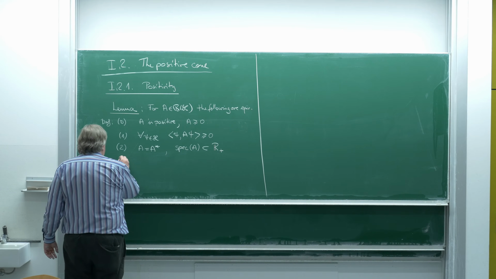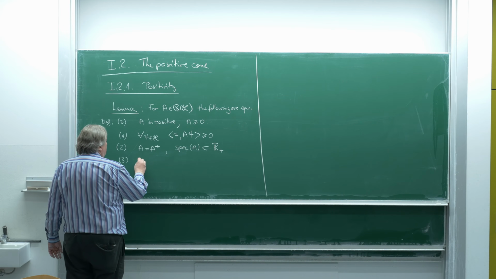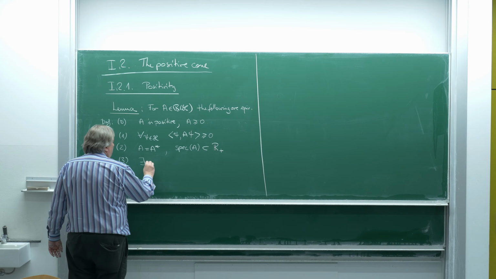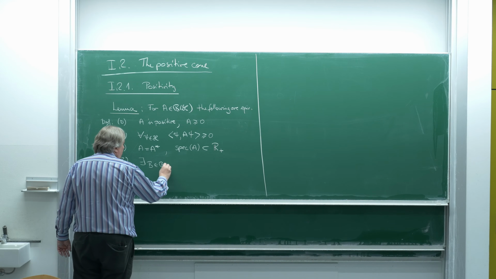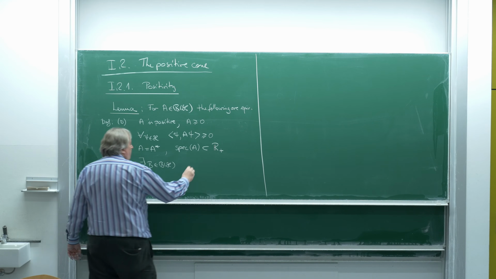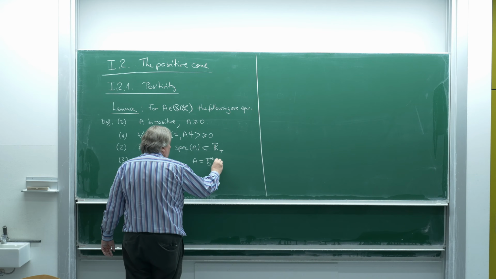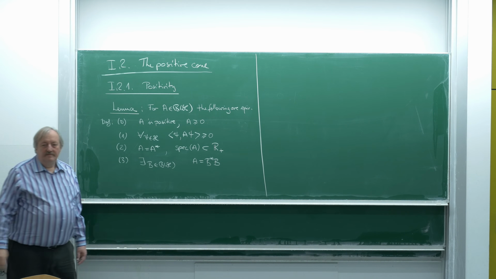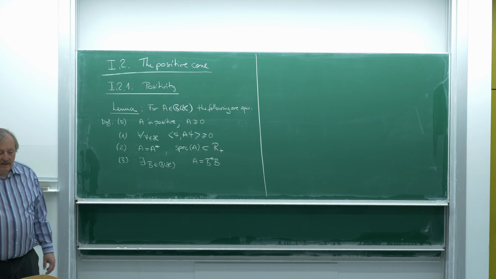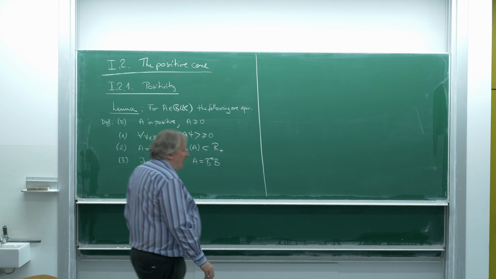And the third property is that there exists another operator, also in B(H), such that A can be written as B star B. Okay, so that's the lemma.